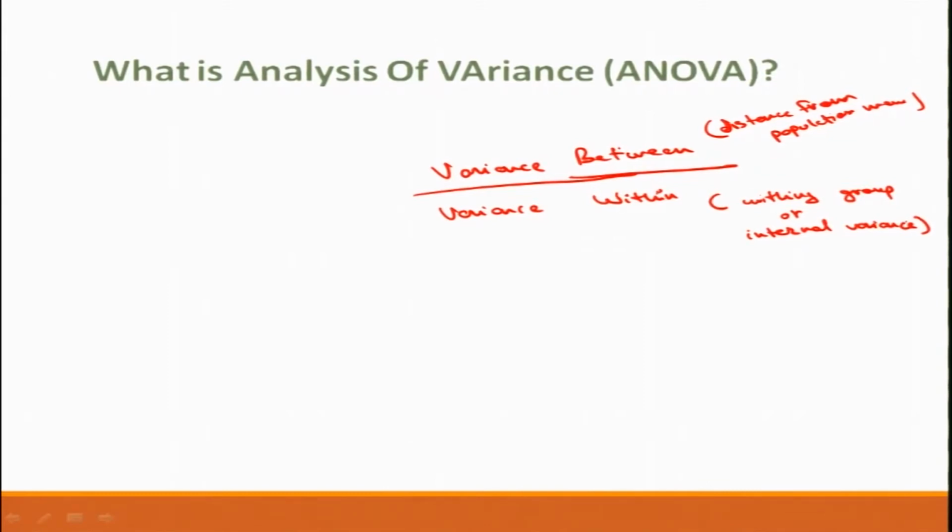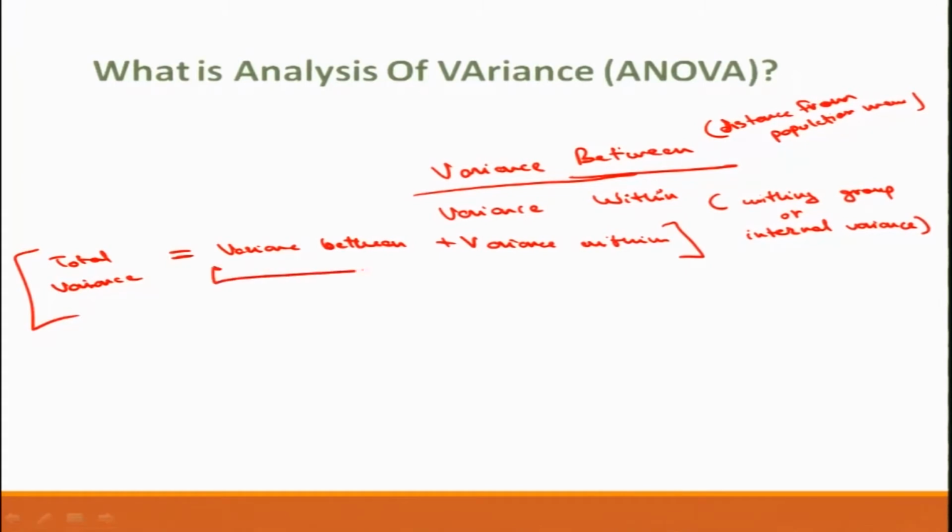So, there can be certain cases here. We know that variance between plus variance within brings our total variance in the data. So, this is explained by the data, this is within group, this is not explained by the data.